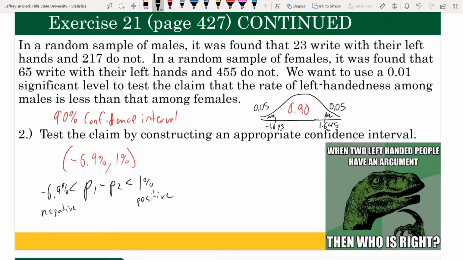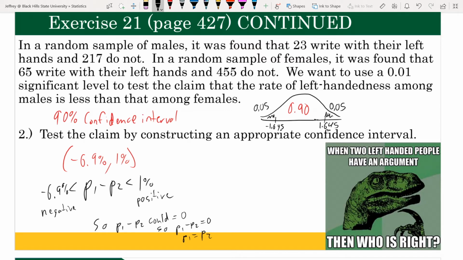So when we look at the confidence interval, it has a negative on one end and a positive on the other. This basically means that 0 is still inside the interval. And if 0 is inside the interval, that means that the difference of P1 minus P2 could in fact equal 0. This means that there is still a chance, or it could be likely, that there is no difference between these two proportions.